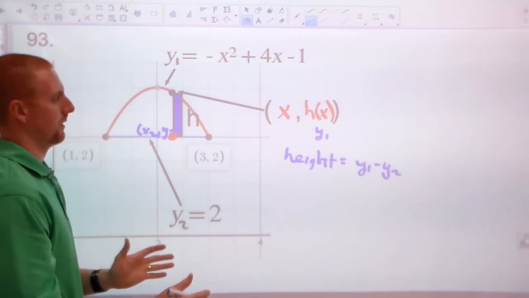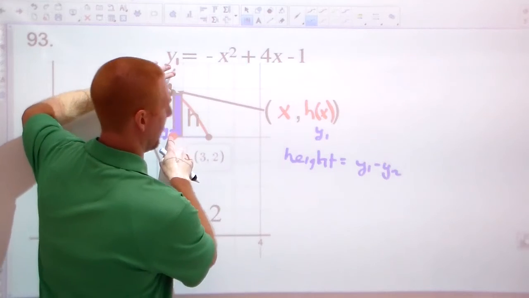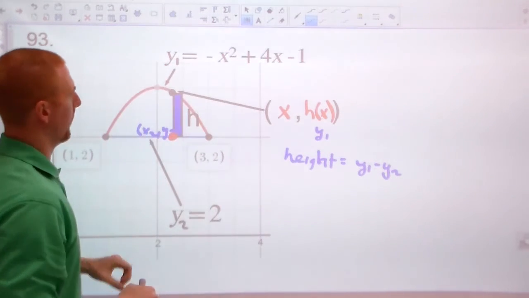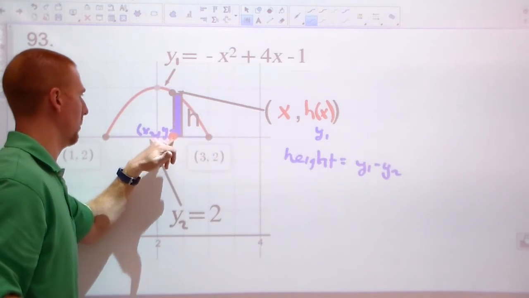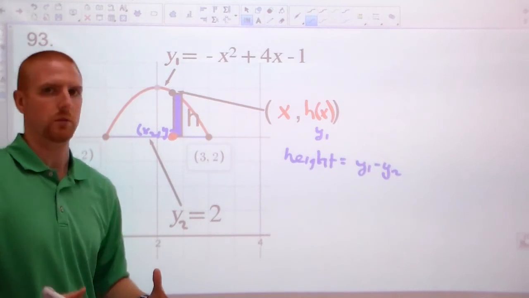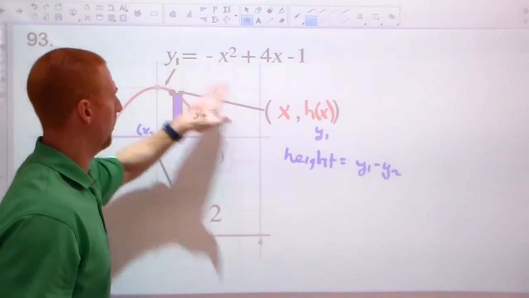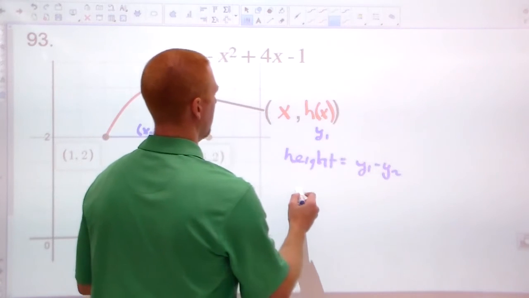So now if you start kind of putting this together, well, height is the y coordinate here minus the y coordinate here. And we can find that y coordinate exactly using this function. We can find this y coordinate exactly using this function. So you just have to do a little substitution. Just substitute y1 in here, y2 in here, subtract them, and that's going to be your function.